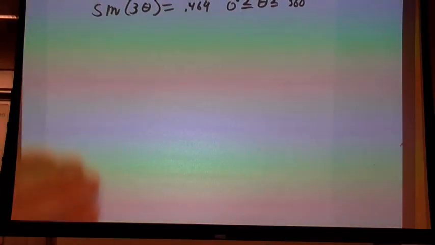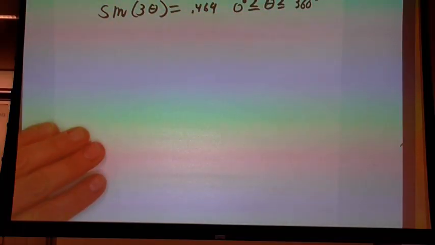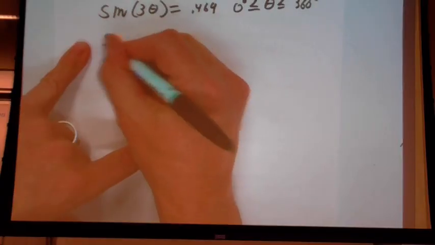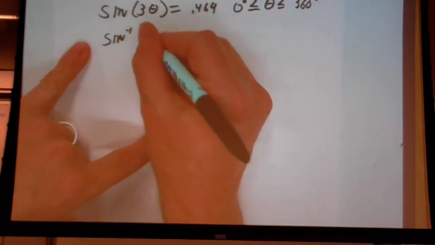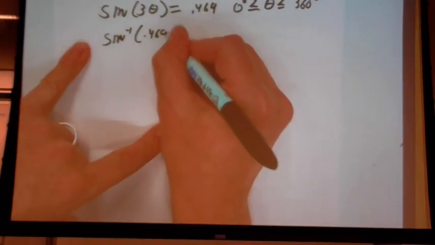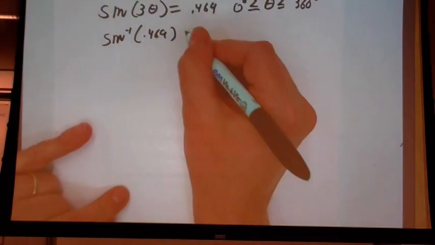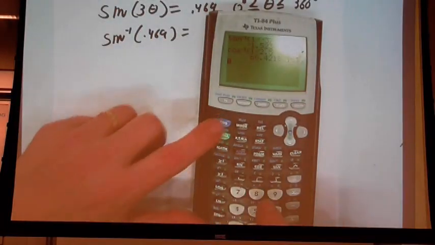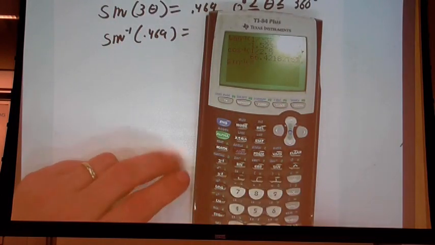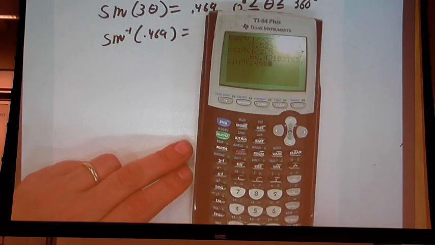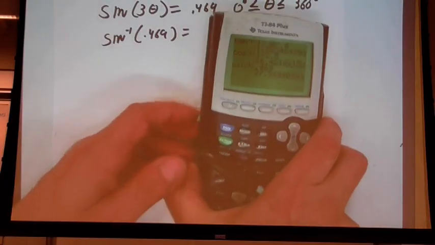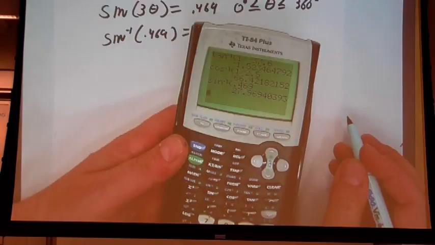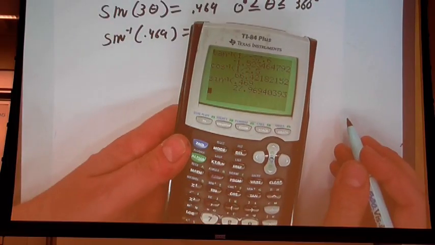Okay, so the first thing we're going to do is pretty straightforward. We're going to say, what's the inverse sine of 0.469? So that's just a calculator question. Inverse sine of 0.469. And we're going to just say 27.97.